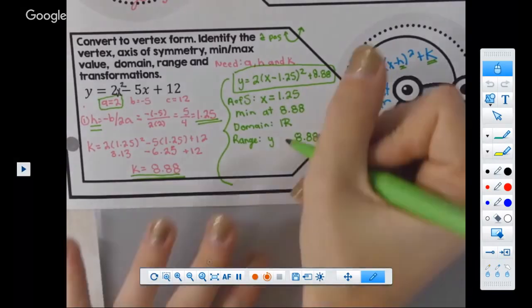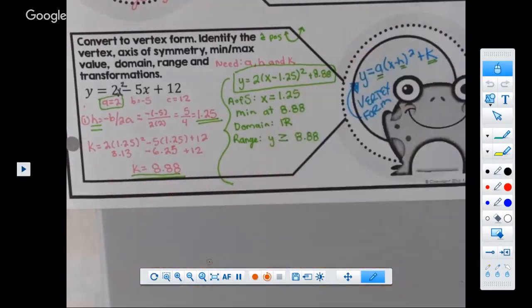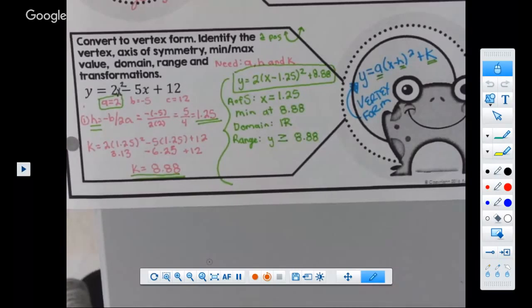A is positive. So A is positive, greater than or equal to. Yeah, it's always K. If you go back to your notes in vertex form, we wrote that on there. The range always has to do with K. Always. Okay, min-max value K, range K.